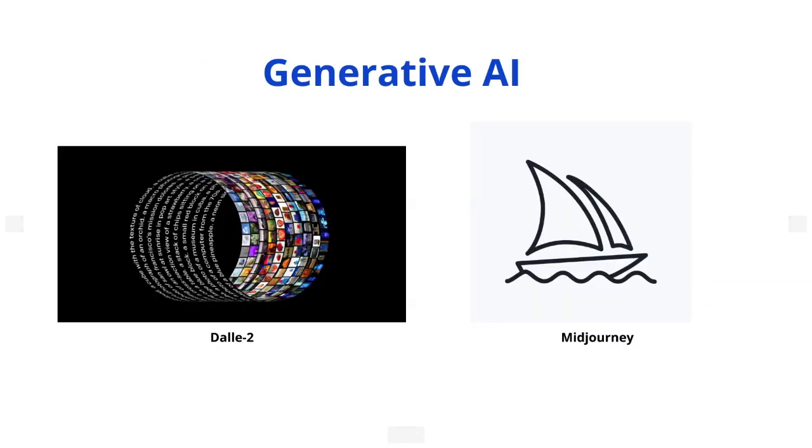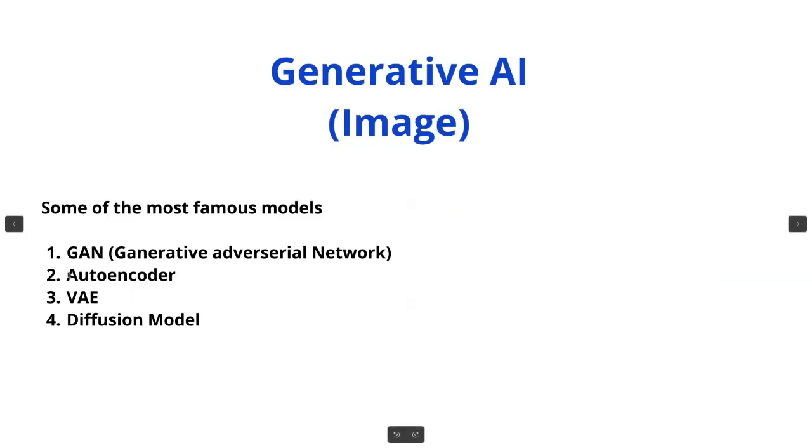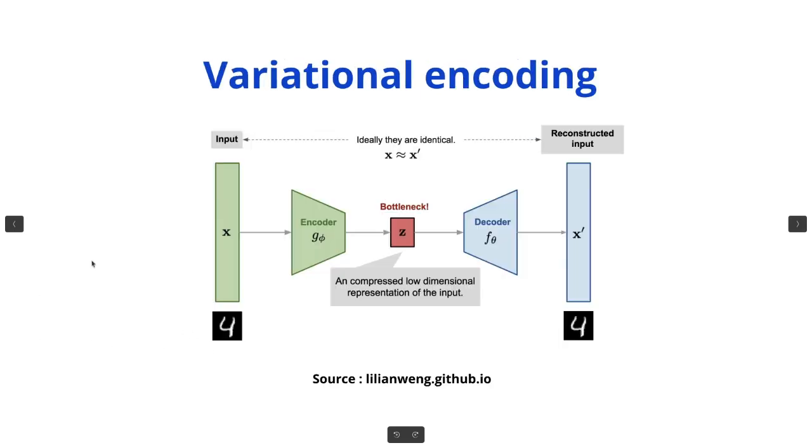As I explained, we cover GANs, autoencoder, VAE, and diffusion model, and in depth we cover VAE. So what is VAE? What we do is we compress our input image, the data we are feeding to our model, into a small vector in the bottleneck layer, and with the help of this bottleneck layer we reconstruct the image.